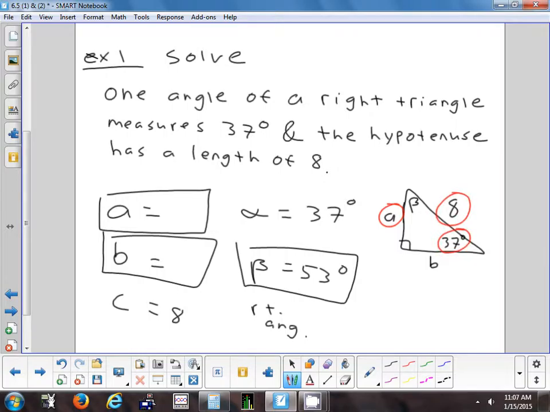Yes. It's not that the 53 wouldn't work. It would. But why is it not the best idea to use that? Anybody know why it's not a good idea to use the 53? Why is the 53 different than the 8 and the 37?